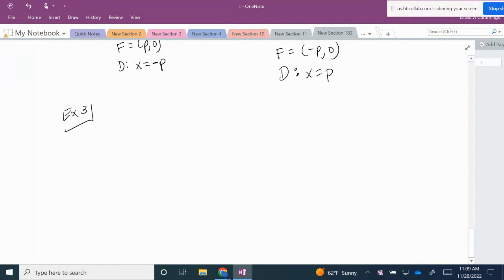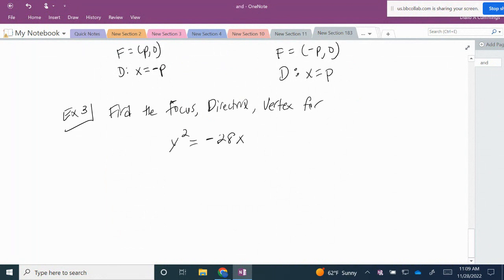So in this example, we're asked to find the focus, directrix, and the vertex for y squared is equal to negative 28x.